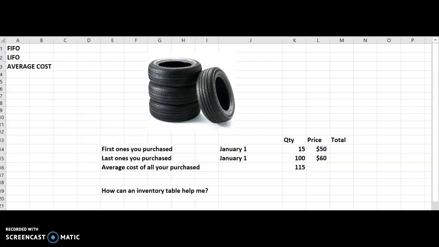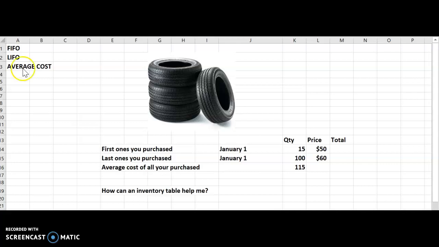But from an accounting standpoint, I'm going to have to assign a cost for the tires. It could either be the oldest price or the newest price. But according to the consistency principle, I will have to be consistent no matter which one I choose.